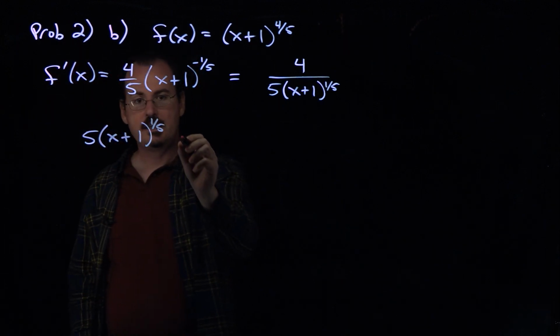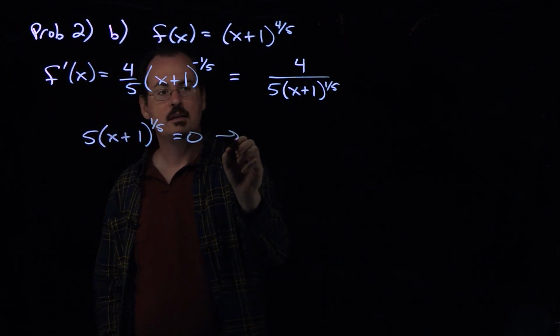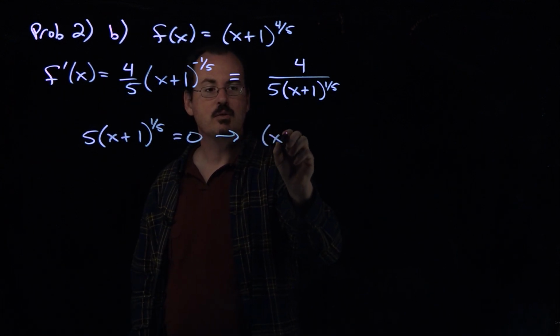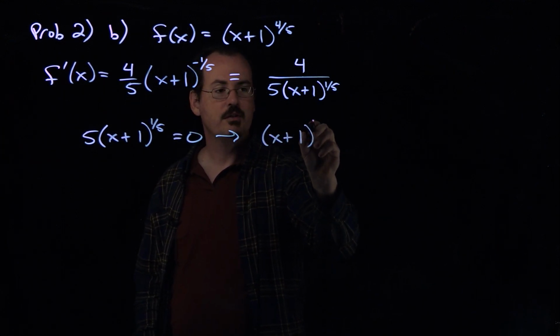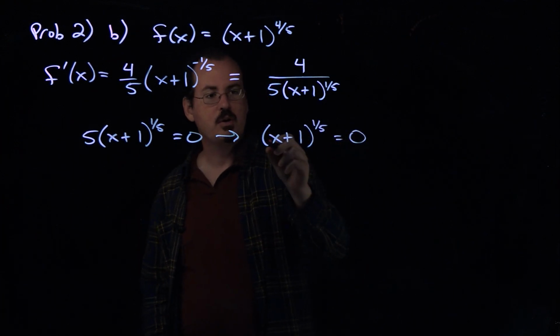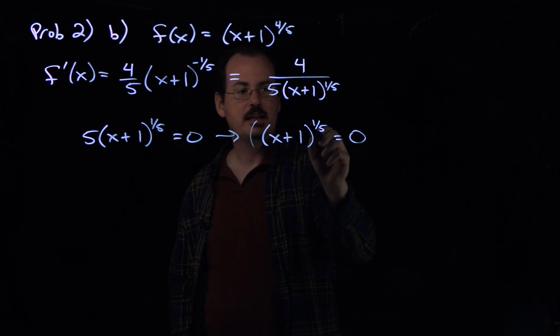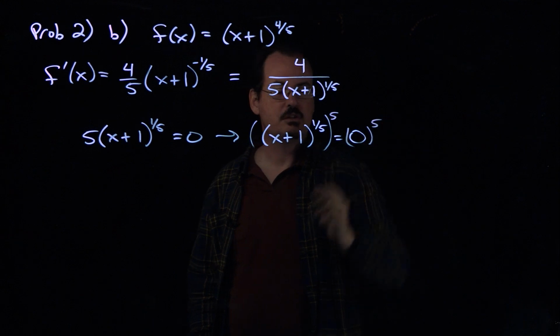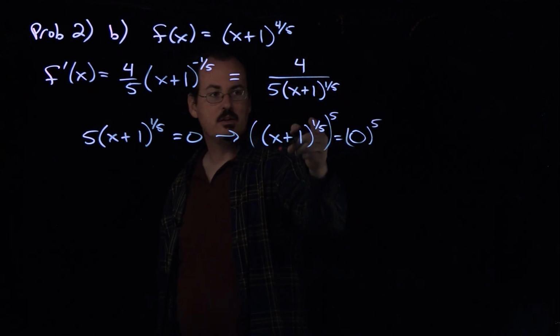So if we do that, we can divide both sides by 5. So we're going to get x plus 1 to the 1/5 is equal to 0. Now, to get rid of that 1/5 power, I just raise both sides to the 5th power. And of course, 0 to the 5th power is still 0, and then those are now going to cancel.